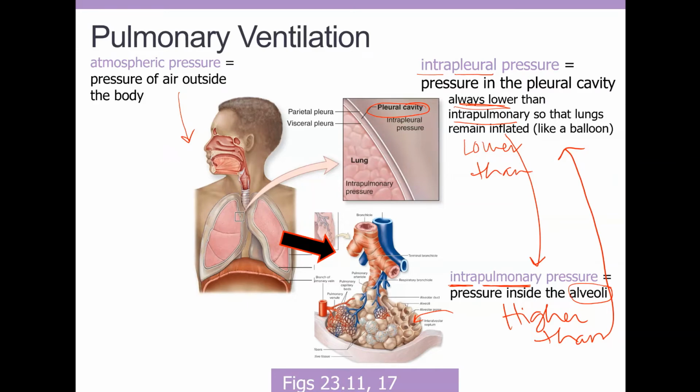And the reason for that is you want your lungs to stay inflated like a balloon. You don't want them to collapse. And if you've ever heard of a pneumothorax, that's a problem with all this pressure. They talk about that in a clinical view in your book as well. So you've got to have higher pressure in the alveoli than you do in that pleural cavity so that your lungs are puffed up like a balloon.